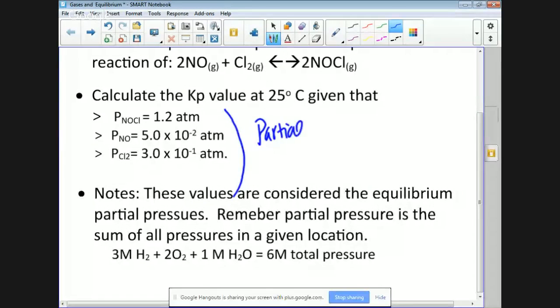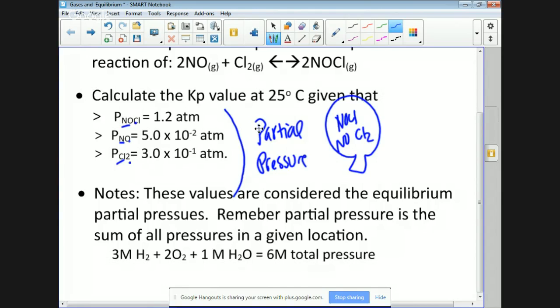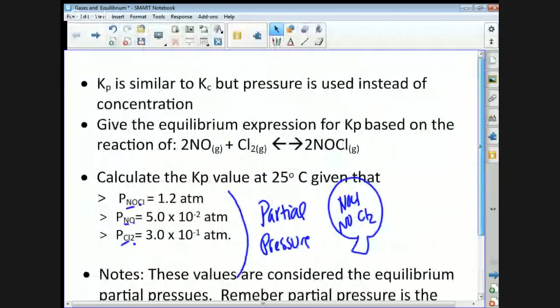So don't be stressed about what that word means. Partial pressure just means that each of these is part of a total pressure. Imagine that we had a balloon and inside you're going to have all of these different compounds. Those all together equal your total pressure. That's all it's talking about. It's just that this is part and this is part and this is part of the total. So don't let that stress you out. We're going to keep going and practice another problem.